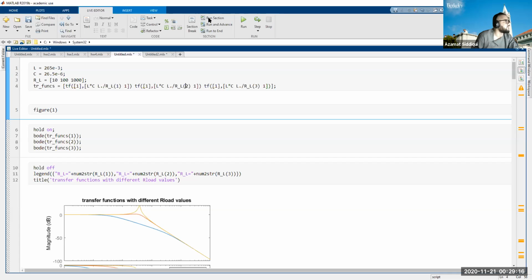Okay, that is run. Say run section. Apologize if this is not going well. Trying to plot these Bode plots.